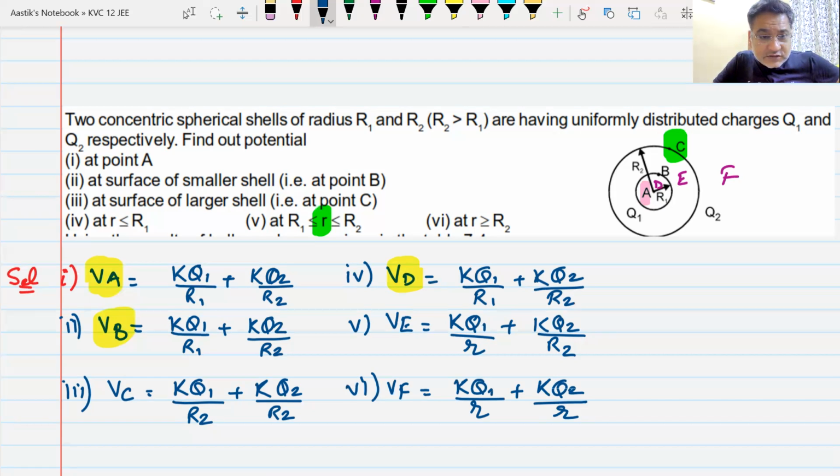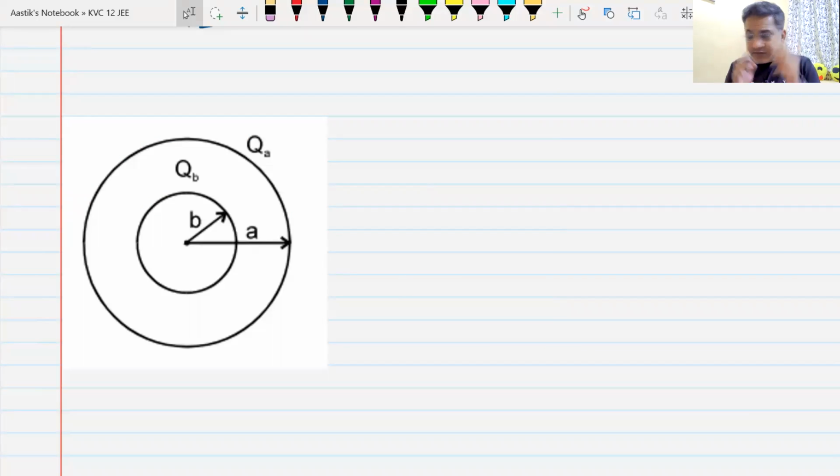Now this is a question which we will do now and probably we'll also use it after some time. This is again a system of two spherical shells.